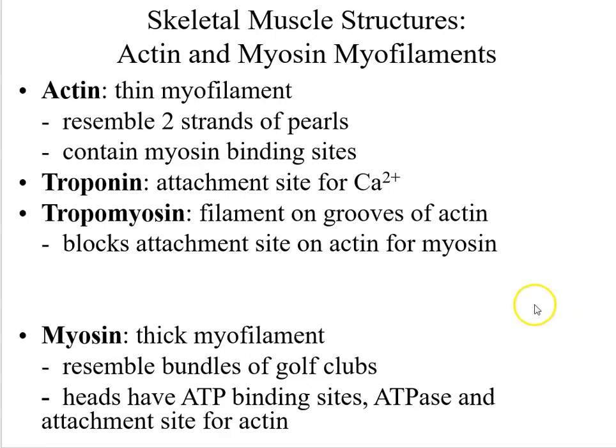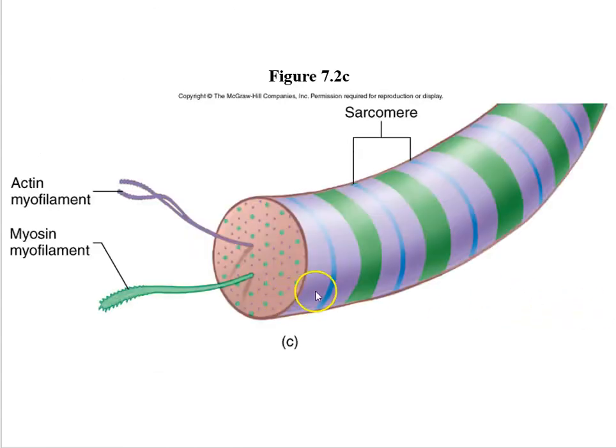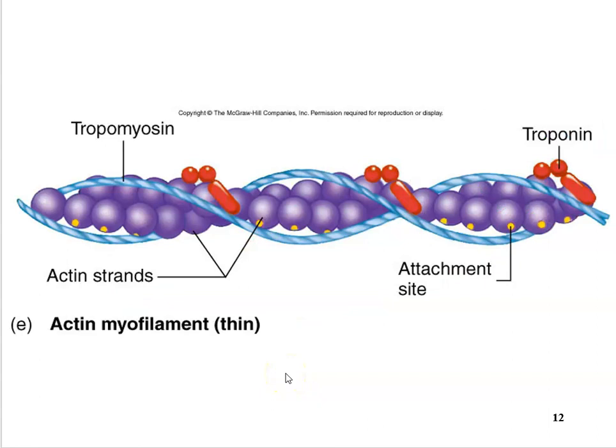Let's take a look. We're looking at a close up here of the myofibril. Actin here. And when we zoom in, we see that it's a bunch of these little purple balls or beads or pearls. These are our actin proteins arranged in two strands.